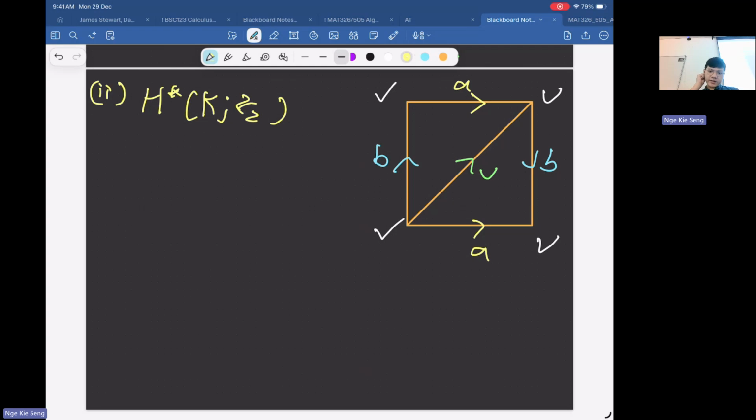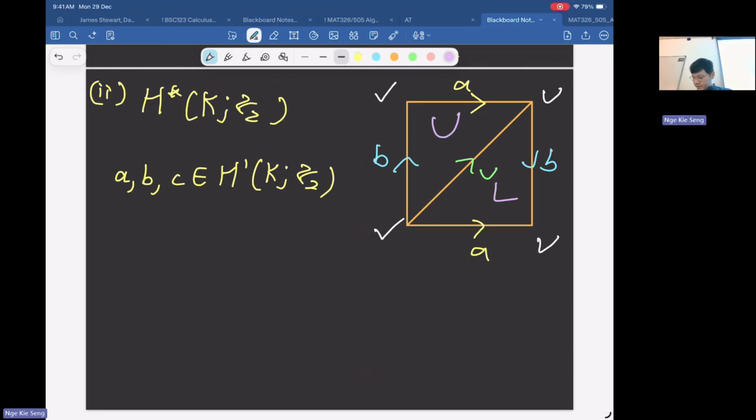So the claim is A, B, C will live inside the cycles of K with Z mod 2 coefficients. And let's call these two cells U and L. So U plus L will be a cycle.